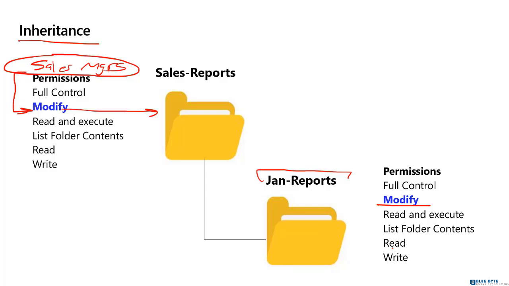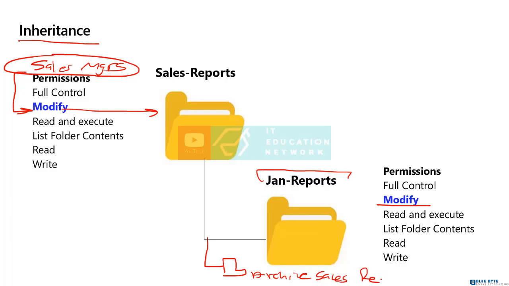Now, inheritance is enabled by default, but it does take some planning. You have to accept that everything you put in the sales reports folder, every file, every subfolder, by default is going to inherit those permissions. So let's say for whatever reason, you have another folder here, and we're going to call it archive sales reports, from previous years.